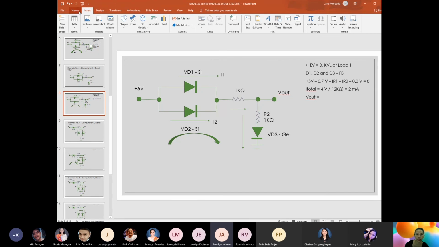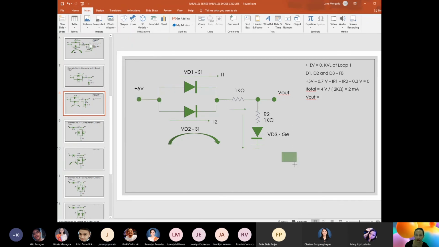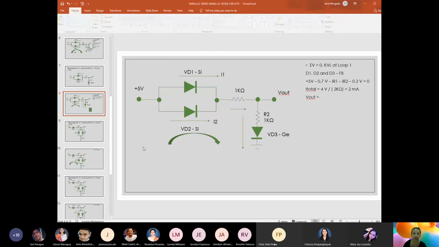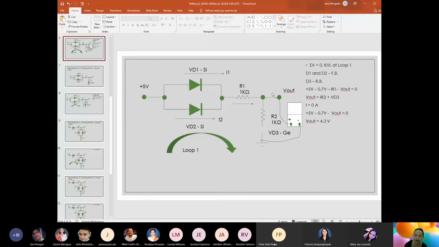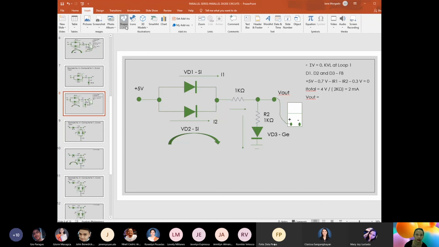So, kung mag-measure tayo dyan, meron kang VOM. Itatap niya isa dyan, then may VOM na kayo.